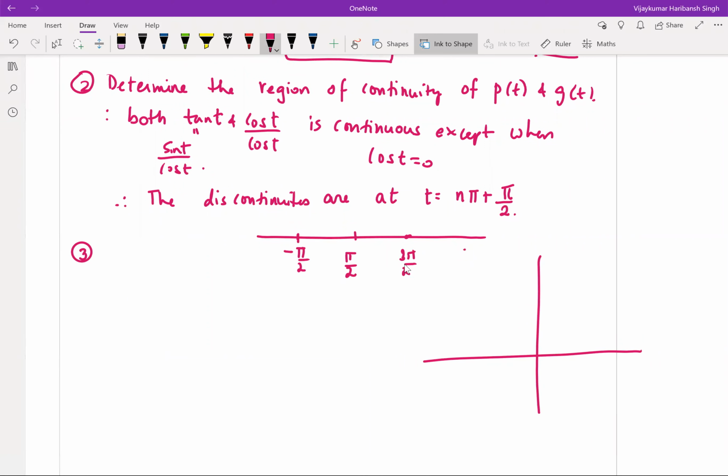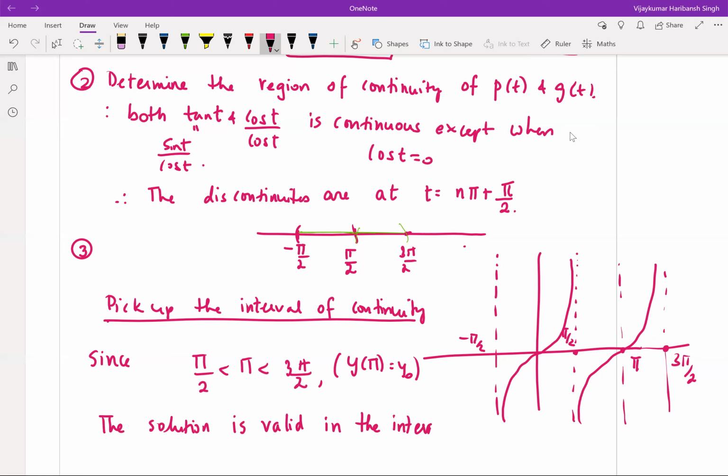The solution is valid in the interval pi by 2 to 3 pi by 2. And we can say this even without computing the solution in this case, right? So does that make sense?